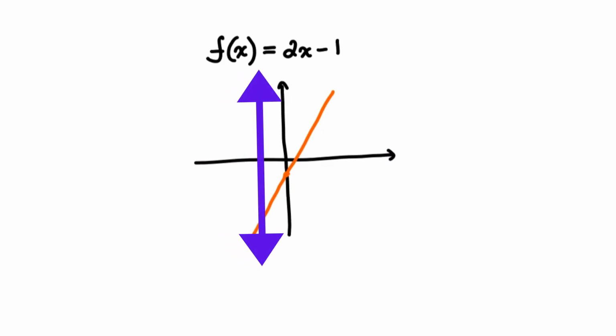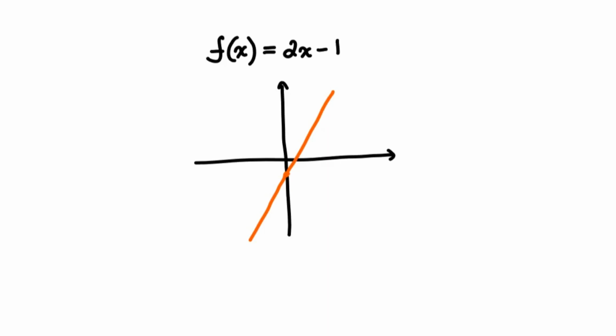And the range is a set of dependent variable values for which the function is defined. So in other words, the domain are all x values that work for a particular function, and the range is a set of all y values that work for a particular function.